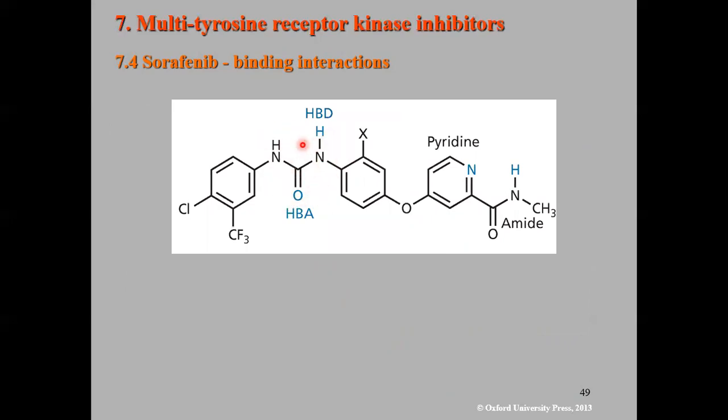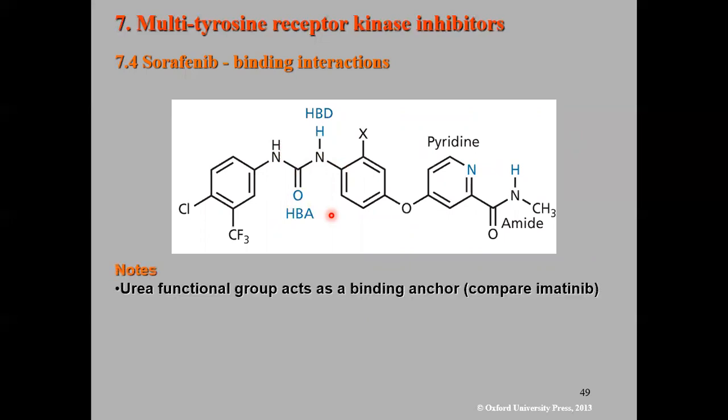So this urea is capable of forming the required hydrogen bonding, because the amine acts as a hydrogen bond donor and the carbonyl oxygen acts as a hydrogen bond acceptor. You can compare that to the amide group in imatinib. It does the same job. The urea functional group acts as a binding anchor.